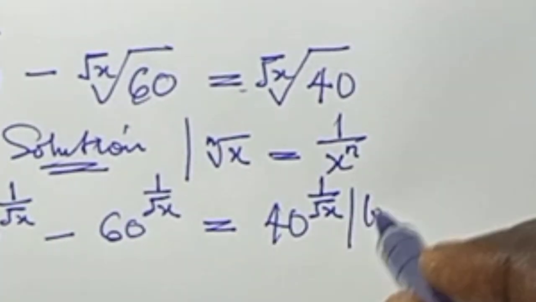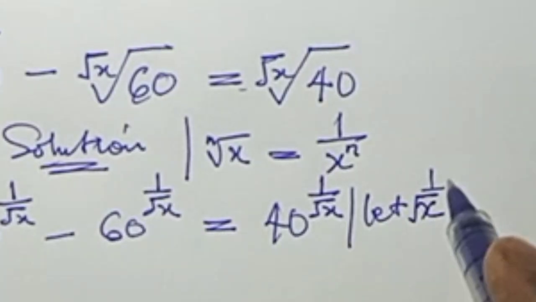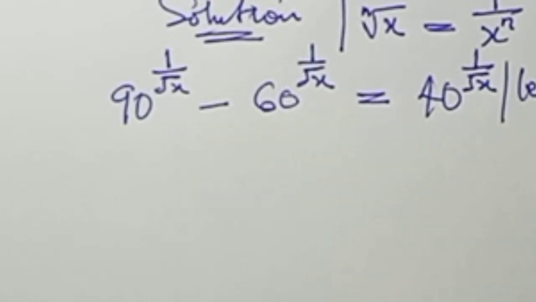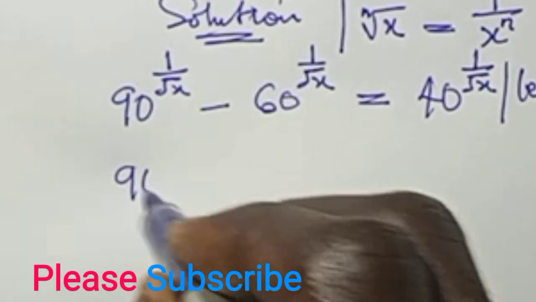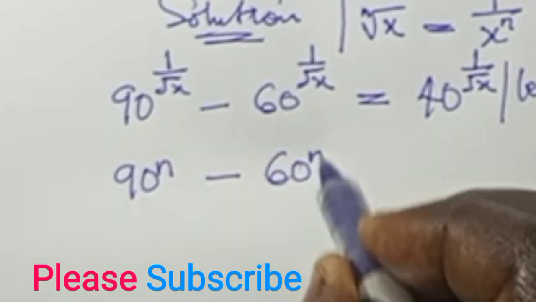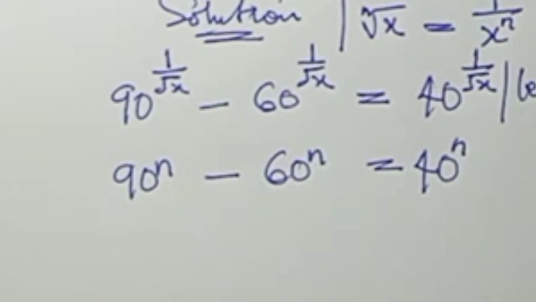We're going to say let 1 over square root of x be equal to n, so that the equation becomes 90 to the power of n minus 60 to the power of n equals 40 to the power of n.